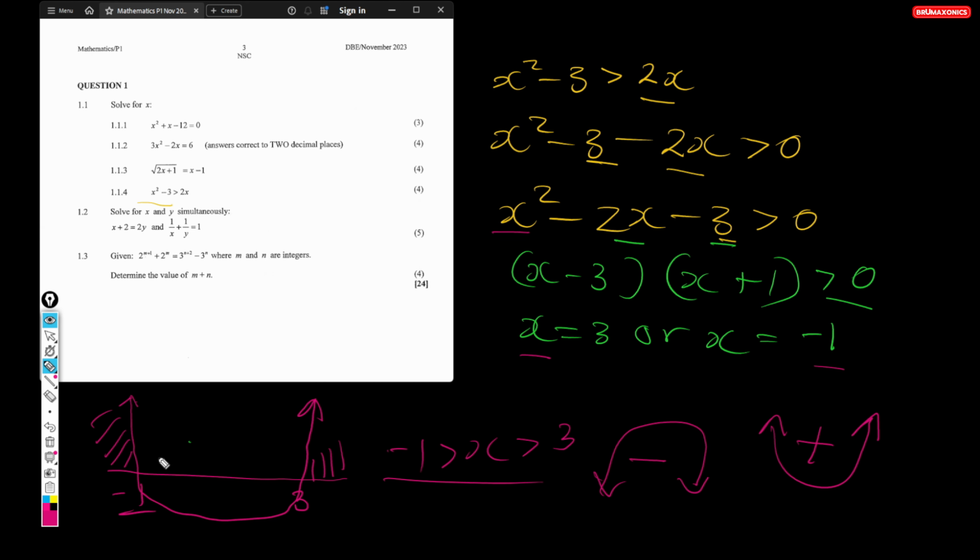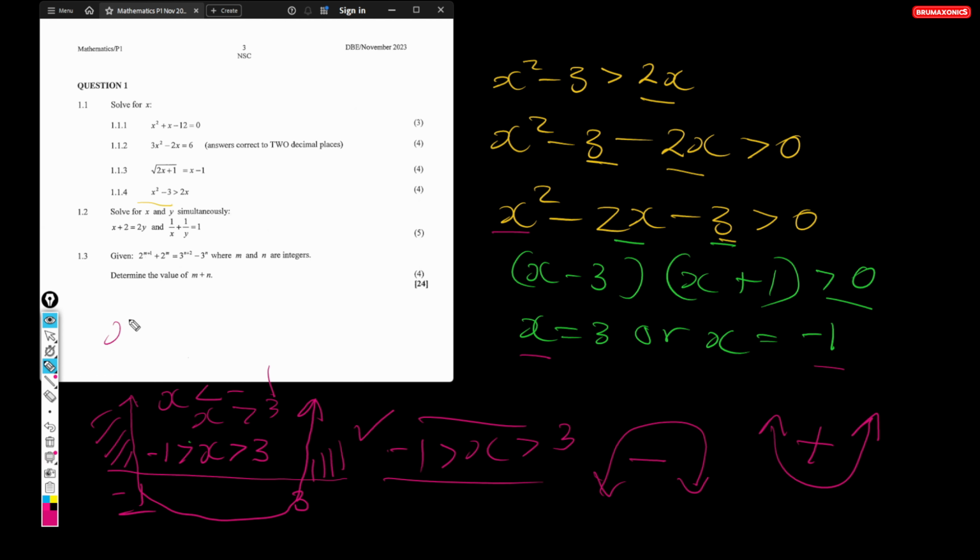Most of the time I just say -1 less x less 3, but in order for me to explain this, we can say that where x is less than -1, the y value is greater than 0, and where x is greater than 3, this portion here. So you should know that this will be the final answer, right?